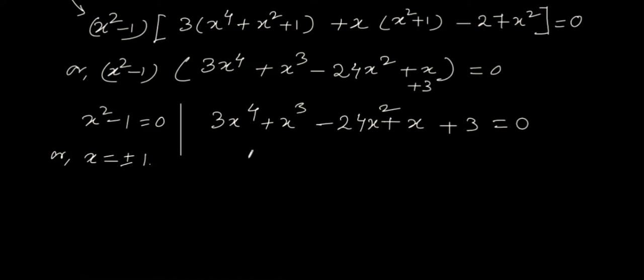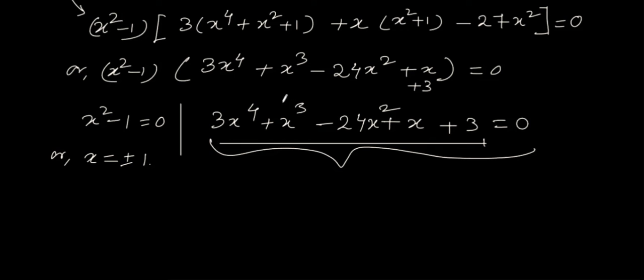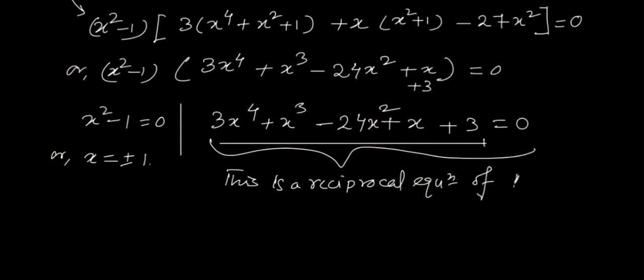Okay. Now see this equation. This is also a reciprocal equation of first kind. See, the first and the last 3, 3, then 1, 1, and this thing. So this is a reciprocal equation of first kind and even degree.